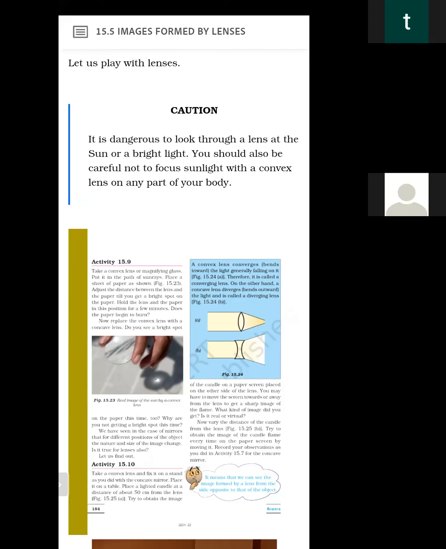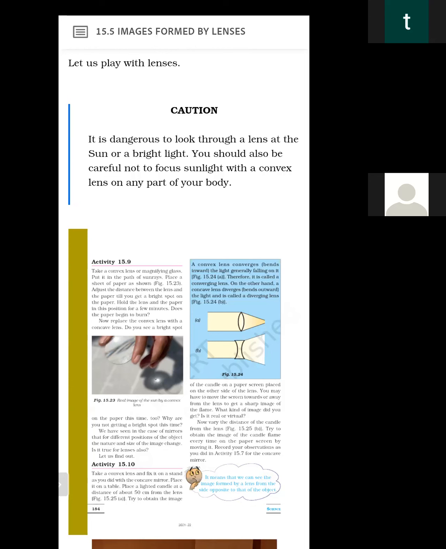On the left-hand side the light rays are straight, and on the right-hand side the light rays are meeting at a point. This type of lens is a converging lens. Converging means bending inward. The second type is the concave lens. Look at figure 15.24 in the blue box, part B. Light rays are coming from the left-hand side, straight and parallel. On the right-hand side, they bend outward.